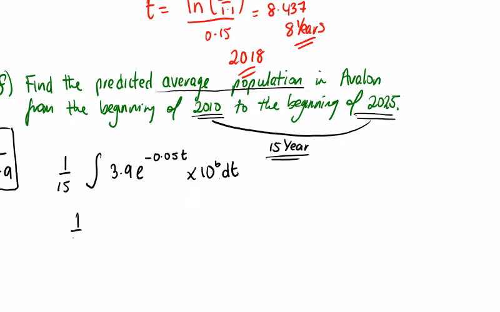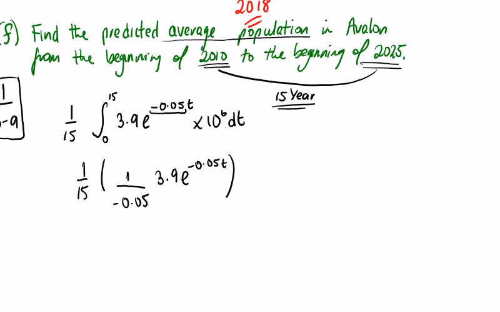So we're looking at 1 over 15. If we integrate 3.9 e to the power of minus 0.05t, we have an a in here, so it's 1 over a. So 1 over minus 0.05, and then the 3.9 e to the power of minus 0.05t doesn't change, and I should have put my integral values in here. It's a 15-year period, so between 15 and 0. Just tidying this up, we leave the 10 to the power of 6 out.